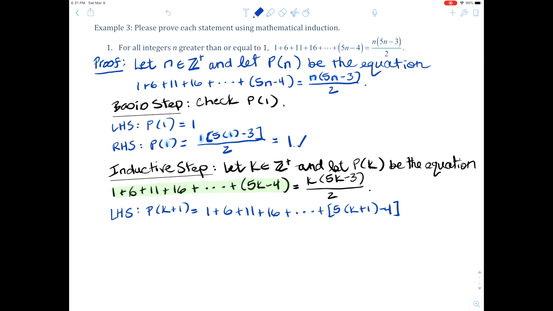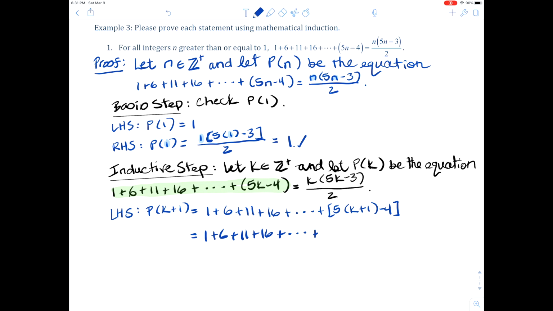But what's our term before that? I mean, isn't the term before that 1 plus 6 plus 11 plus 16 plus dot dot dot plus, when we looked at P at k, remember, what would the term before that one be?